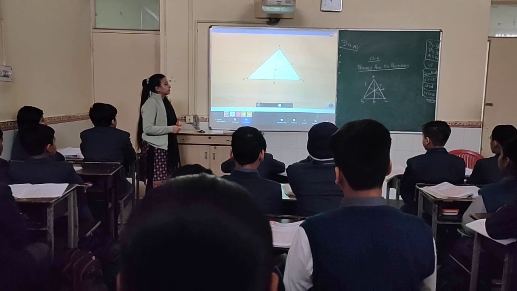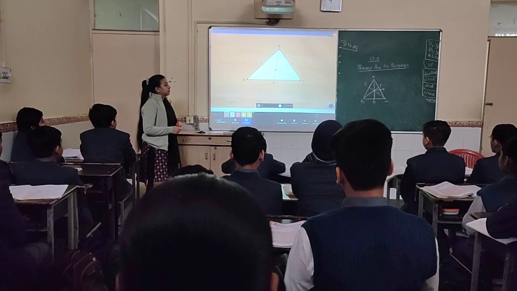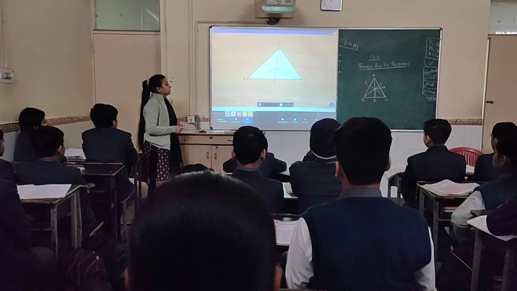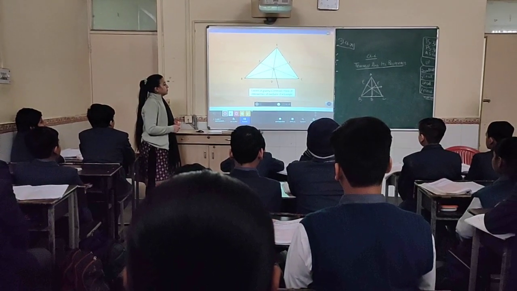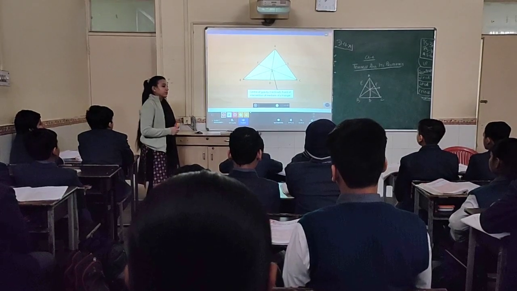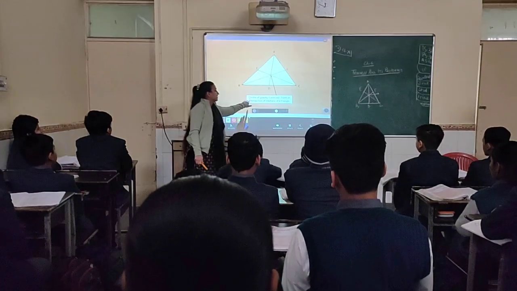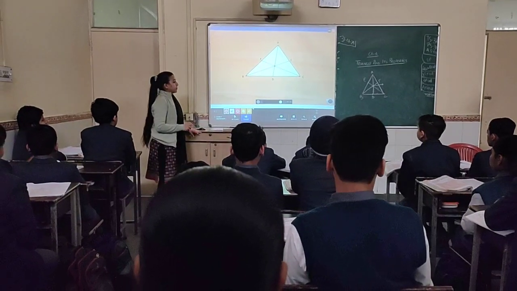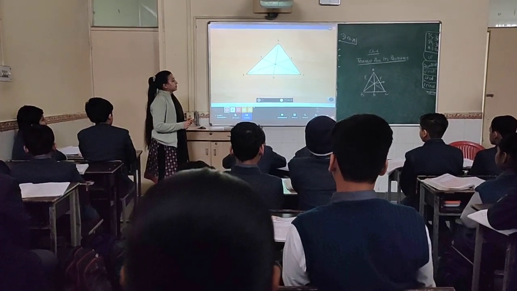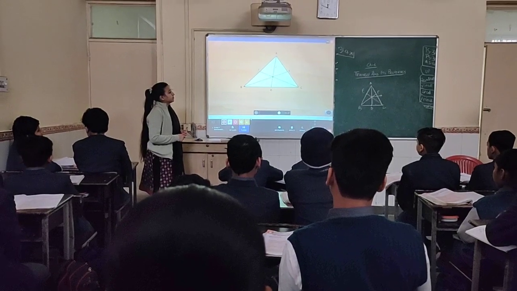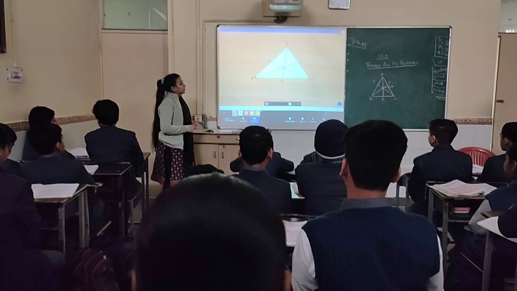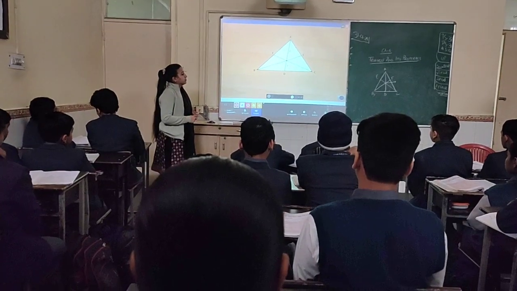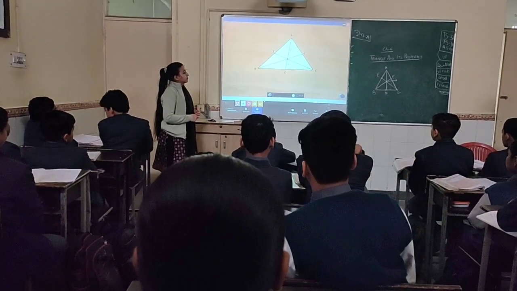Notice that all 3 medians fall within the triangle and intersect each other at a single point. This point of intersection is the center of gravity of the triangle, also known as the centroid. The centroid divides each median in the ratio 2:1. The longer segment is towards the vertex and the shorter segment is towards the base.